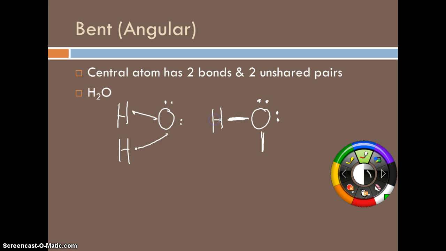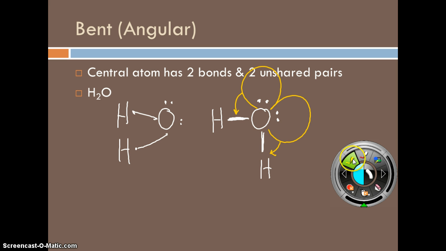So this is hydrogen and hydrogen. What's happening is these electrons are actually taking up quite a bit of space. And so they're going to push these bonds down and away so that you get this bent shape here. So it looks kind of like an L. It's been bent. There's an angle there.